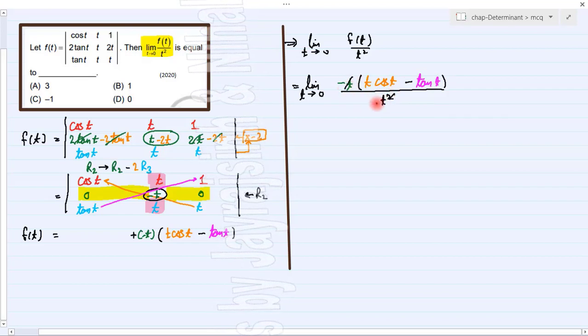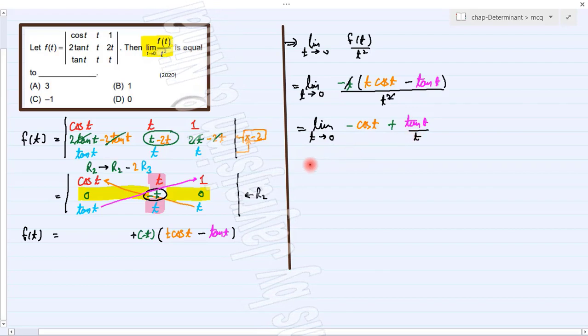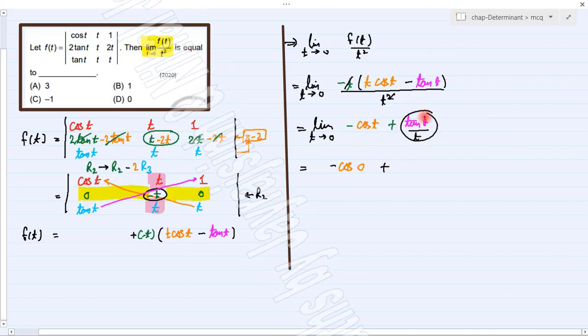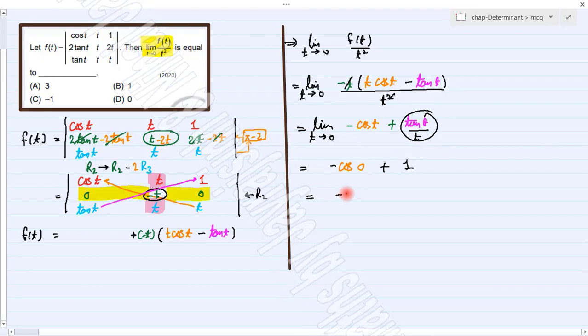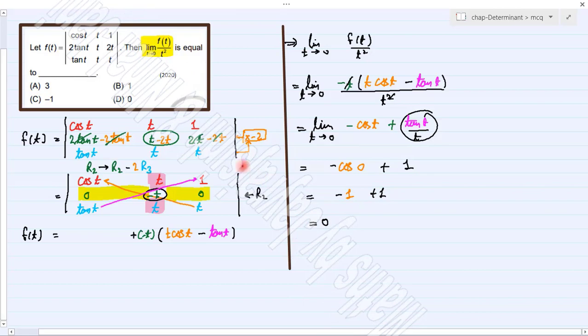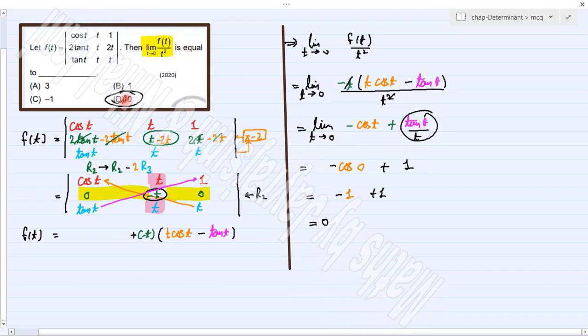One power of t will be cancelled out, and if we simplify our function, it will be minus cos t plus 10t by t. So if we apply the limit, we will get minus cos 0 plus 10t by t will be 1. And we know that cos 0 is 1. So your final answer will be 0, which is given in option D. Ta-da!